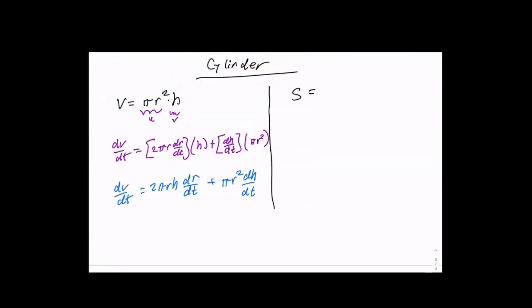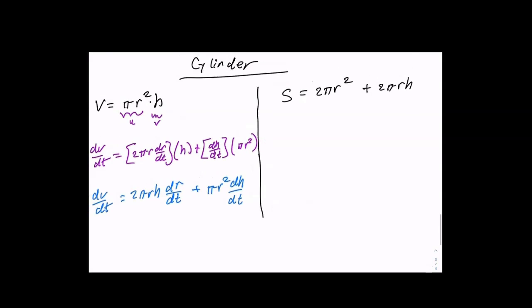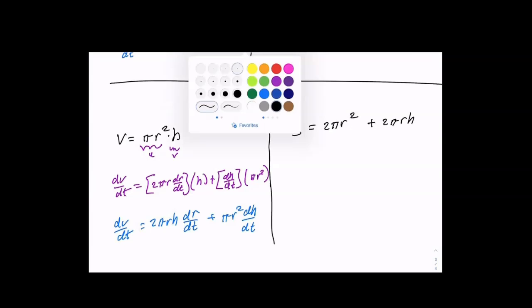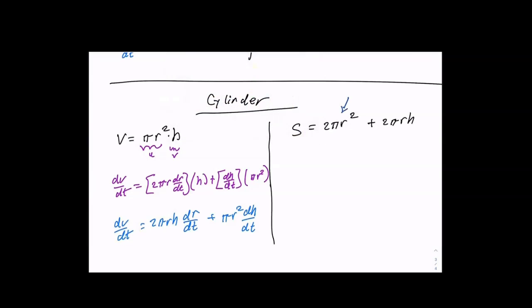Surface area is 2 pi r squared plus 2 pi r h. This piece right in here is the top and bottom of the cylinder, and this right here is the lateral surface area.